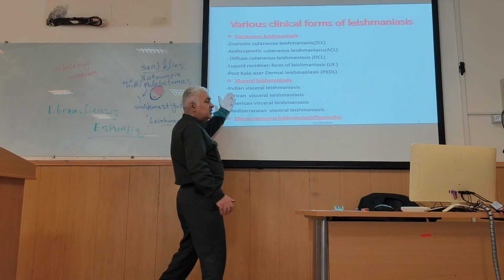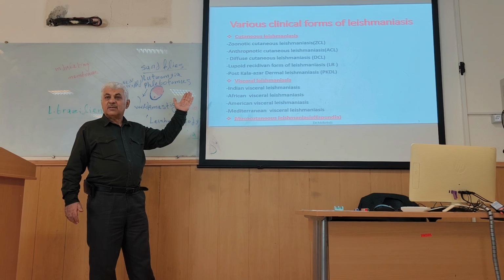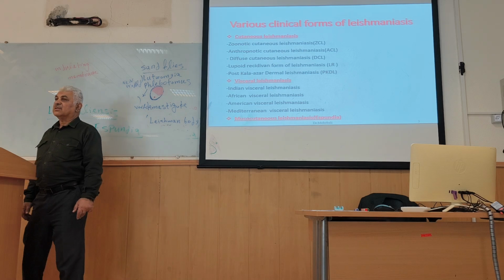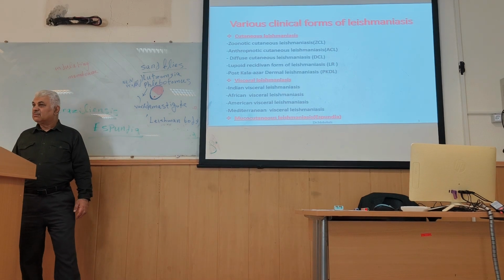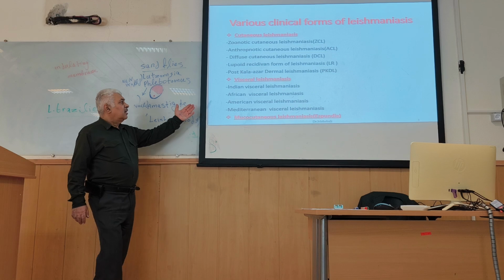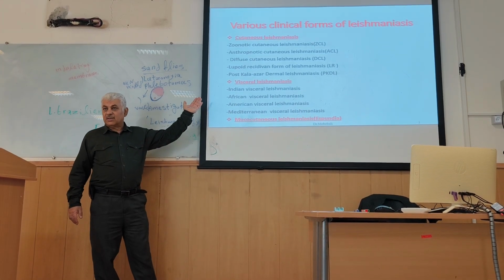Visceral leishmaniasis is the fatal form of leishmaniasis, disseminated in the internal organs such as the liver, spleen, lymph nodes, and so on. We have four groups of visceral leishmaniasis.